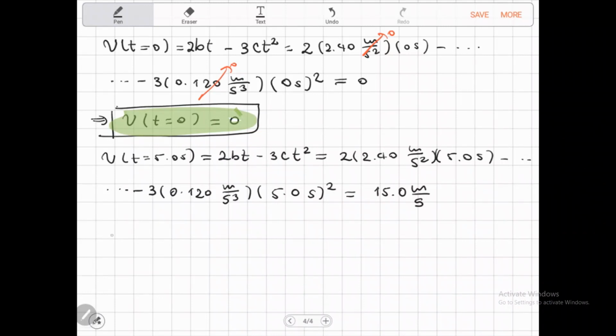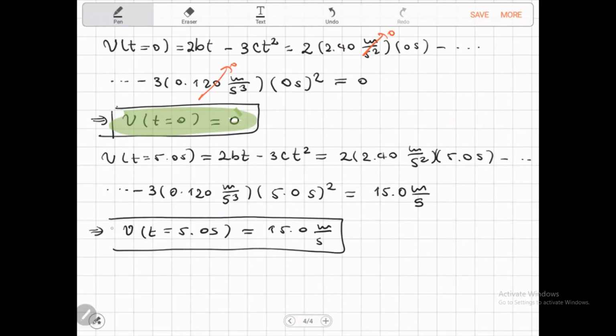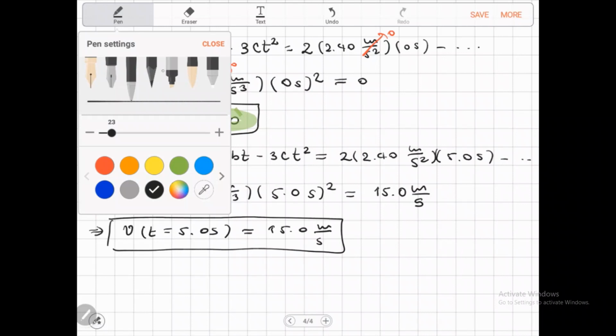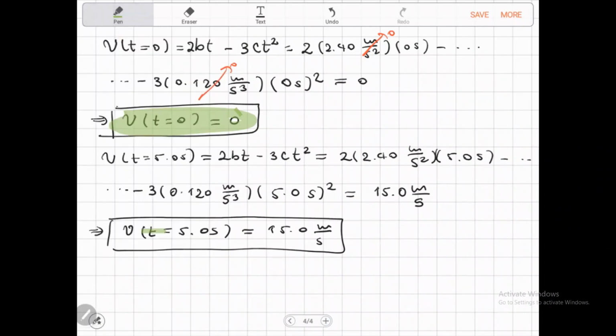Okay, so this is gonna be V when t is equal to 5 seconds. This is gonna be equal to 15 meters per second. Sorry, meter per second. And we highlight this part of the equation.